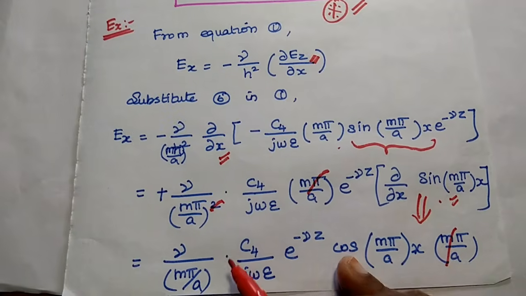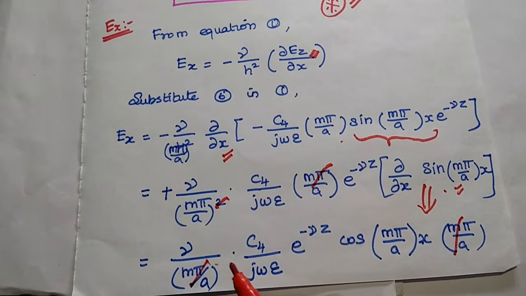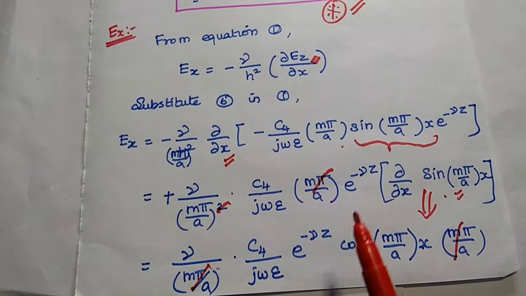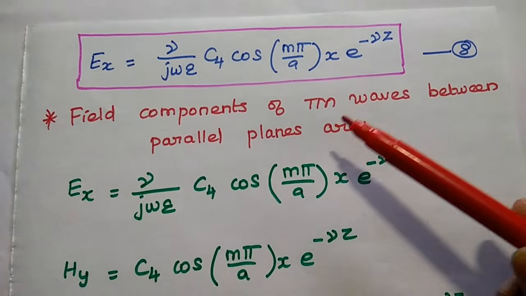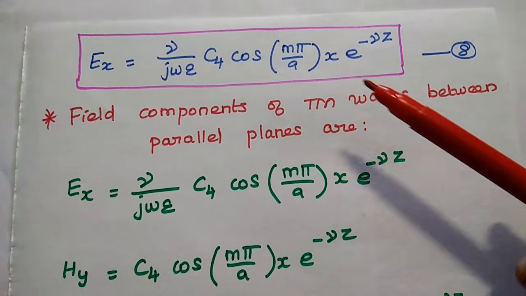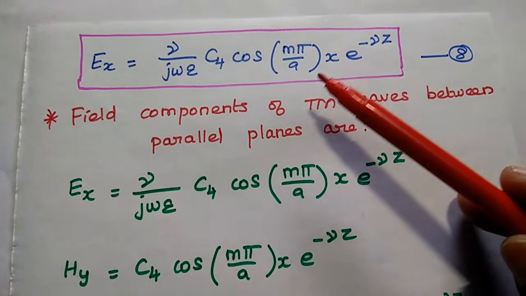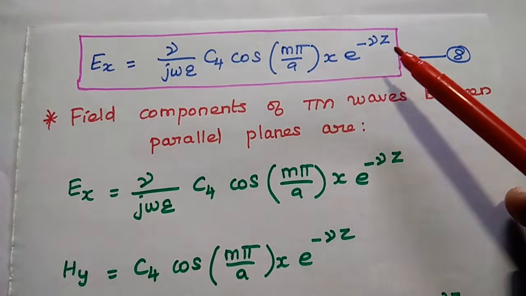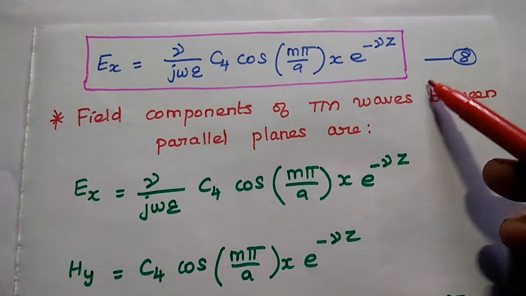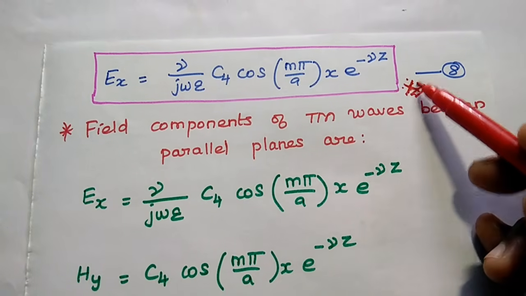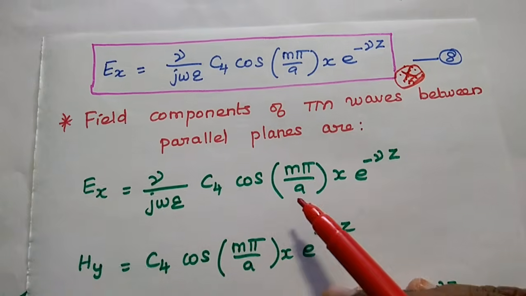Then we can simplify this term further to get the Ex value. Do you all understand this concept? Then the Ex value can be obtained as gamma by j omega epsilon C4 cos m by a x e power minus gamma z. Consider this as the eighth equation. So this is the Ex component of TM waves.